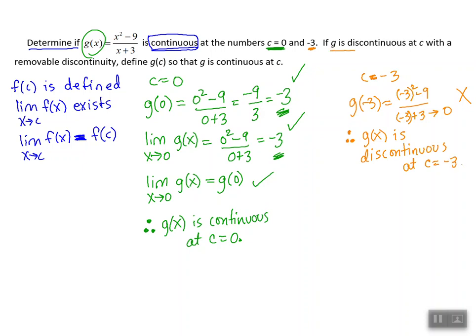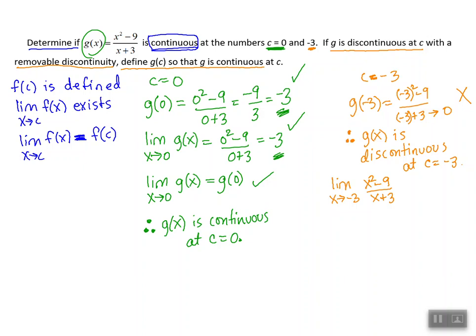So if g is discontinuous at that value with a removable discontinuity, can we define g of c so that g is continuous at this value? Well, let's take a look if we can find the limit. The limit as x approaches negative 3 of x squared minus 9 over x plus 3.